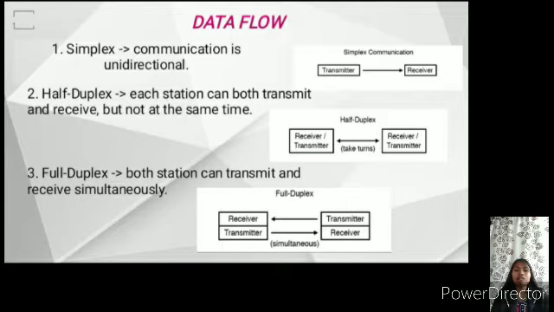Unidirectional communication is done in simplex systems where we just need to send a command or a signal and do not expect any response back. Examples of simplex mode are loudspeakers, television broadcasting, television and remote, keyboard and monitor, etc.